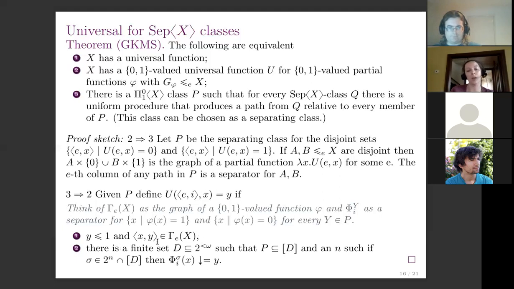It asks for a finite set D such that the clopen set defined by D covers all of the Π⁰₁ class P. And also there is an n such that all strings of length n that extend members of the finite set D agree on what the value is of this procedure that was given to us by the index i relative to oracle.